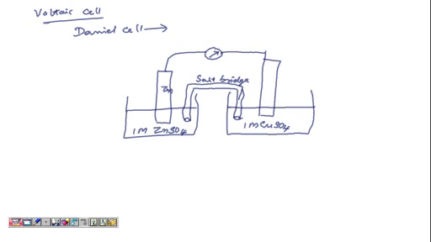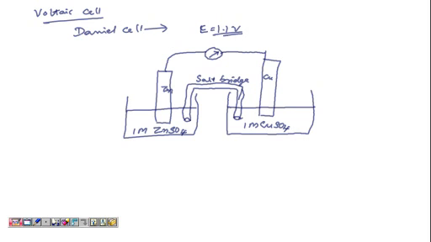This setup is called the Daniel cell. This Daniel cell generates an EMF of about 1.1 volt. Here the zinc in contact with zinc 2 plus ions and copper in contact with copper 2 plus ions are called the two half cells.